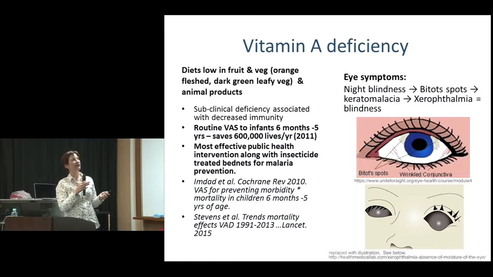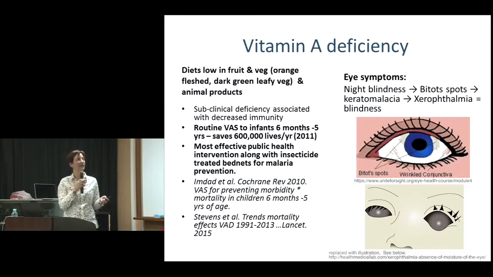Otherwise, it's really from fruits and vegetables and from the conversion of carotenoids, which include beta-carotene, which is what makes orange vegetables orange, gets converted to retinol. But there are also a whole load of carotenoids in dark green leafy vegetables.